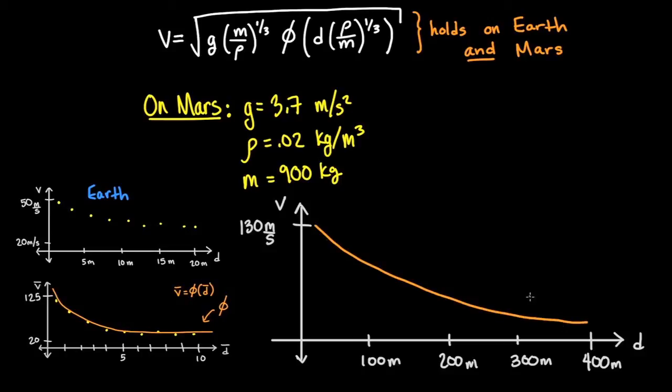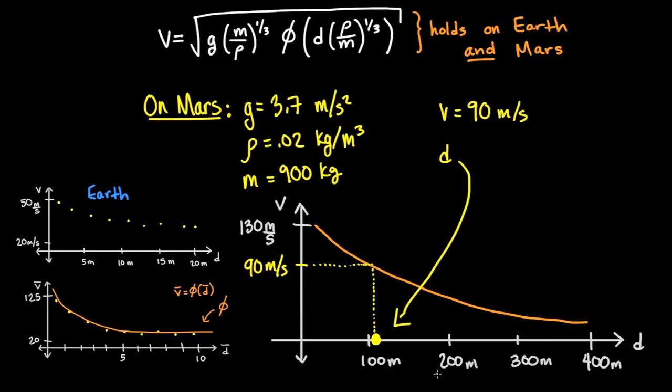To find the diameter, we find the point on the v-axis that corresponds to a terminal velocity of 90 meters per second, and use our curve to determine the diameter that corresponds to this terminal velocity. Now we have the specification we need to design the size of our parachute to be used on the descent to Mars.